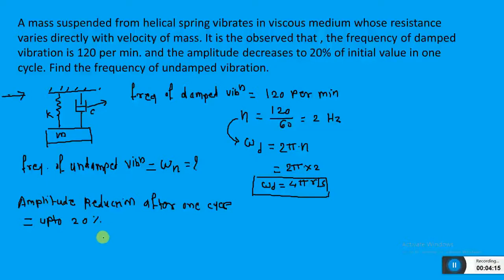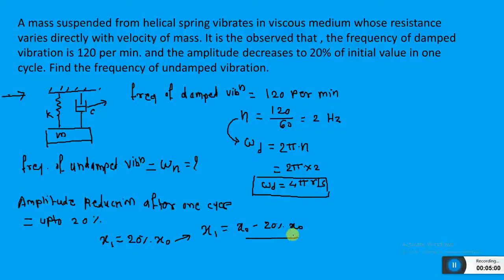So we will write the relation x1 is equal to 20% of the x0 value. If the problem statement is given such that the amplitude reduces by 20%, then we can write x1 is equal to x0 minus 20% of the x0 value.